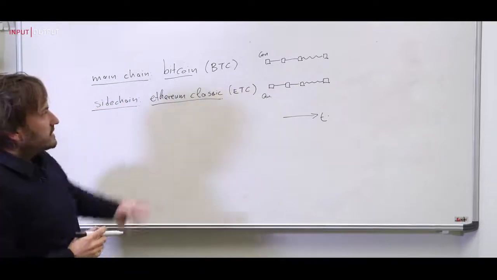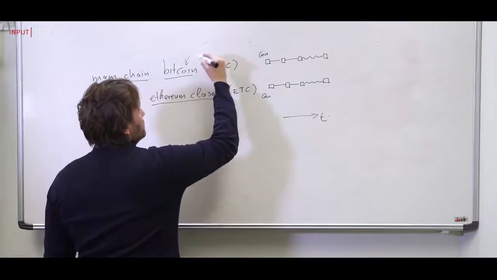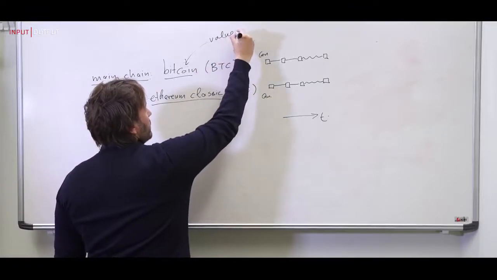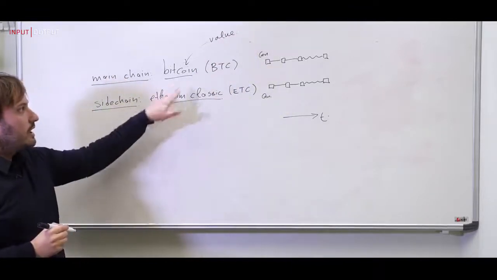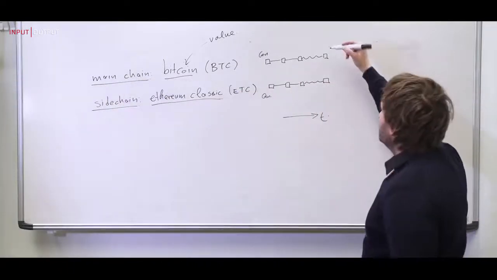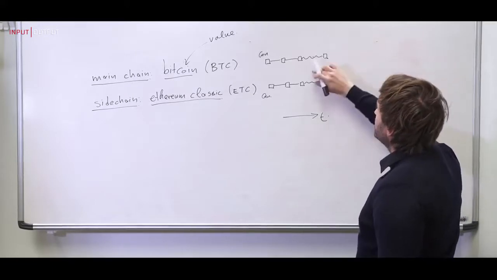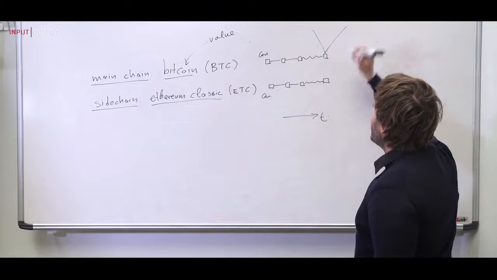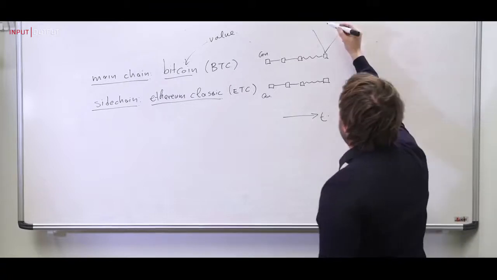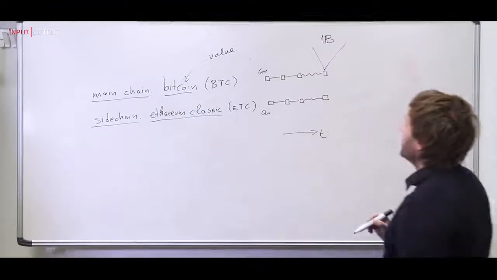Now, what sidechains allow us to do is to move value that is denominated in one of these two into the other blockchain. So the idea is that, let's say I'm storing some Bitcoin in some account on this blockchain. So imagine I have some sort of account to my name with 1 Bitcoin.